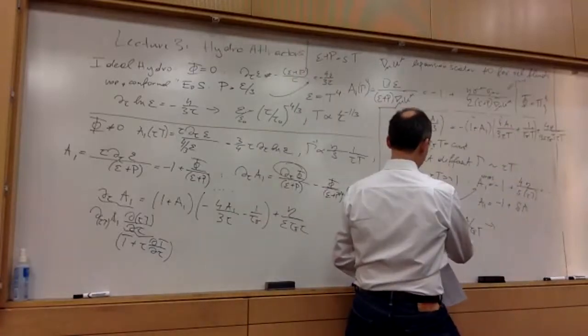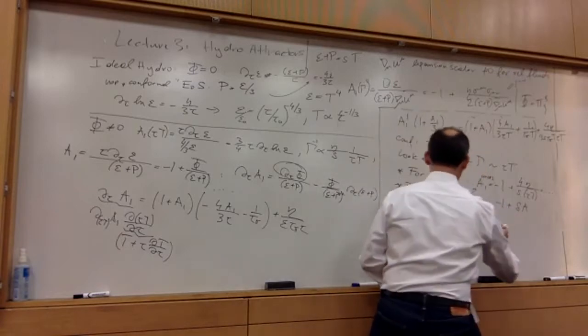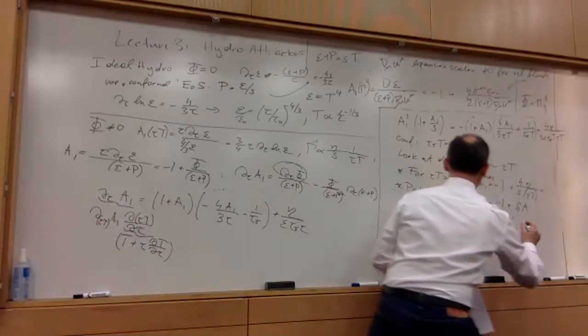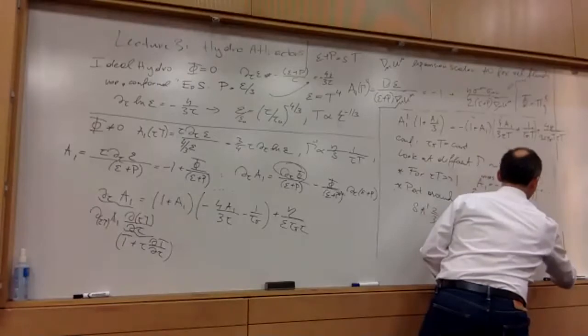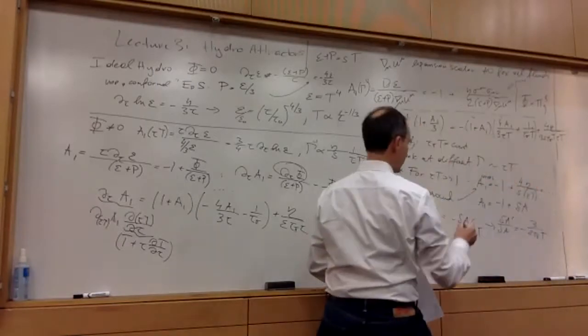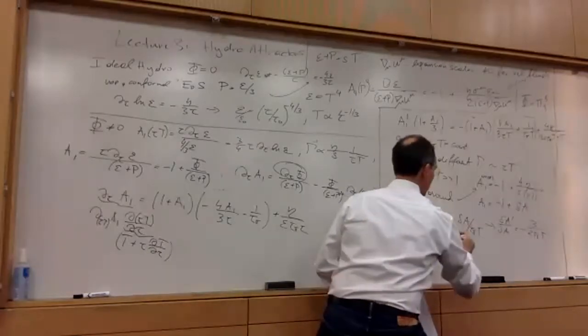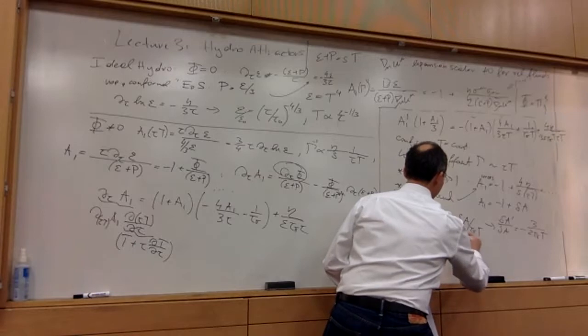Delta A prime over delta A is minus 3 over 2 tau pi t, or integrate this up, delta A is proportional to the exponential of minus 3 over 2 tau pi t.